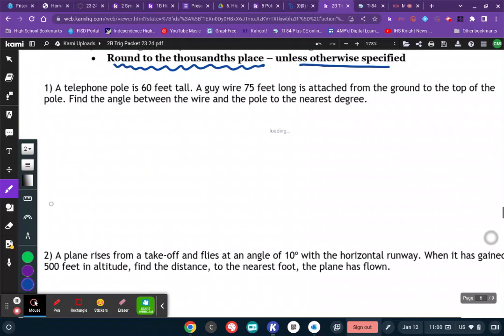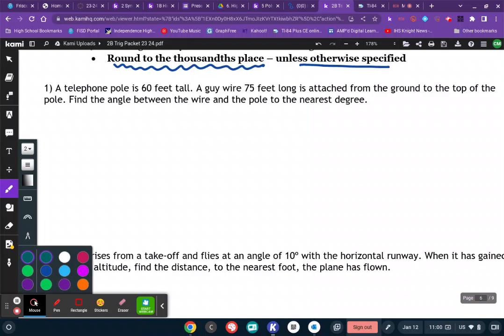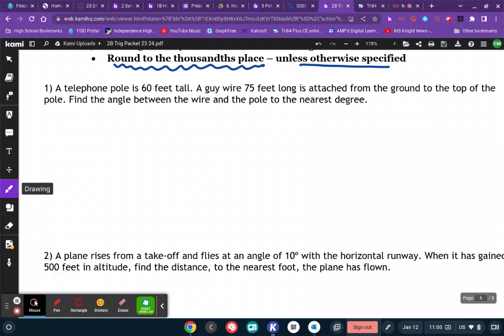We have a telephone pole that's 60 feet tall and a guy wire, which I'm guessing we probably don't know what a guy wire is, which, I mean, we don't even really have telephone poles that much anymore. Probably a better way for you to understand it would be when you plant a new tree, or if you've seen in your neighborhood, a new tree gets planted and it's spindly and weak, they attach those wires to them and stake them into the ground so that the tree doesn't fall over in the wind and die immediately.